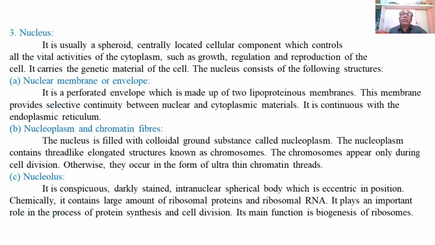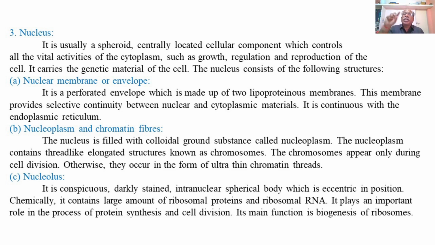Then the third important component, next to the plasma membrane and cytoplasm, is the nucleus. First we explained the plasma membrane, then the cytoplasm with cytoplasmic inclusions, structures and cell organelles, and now third is the nucleus.